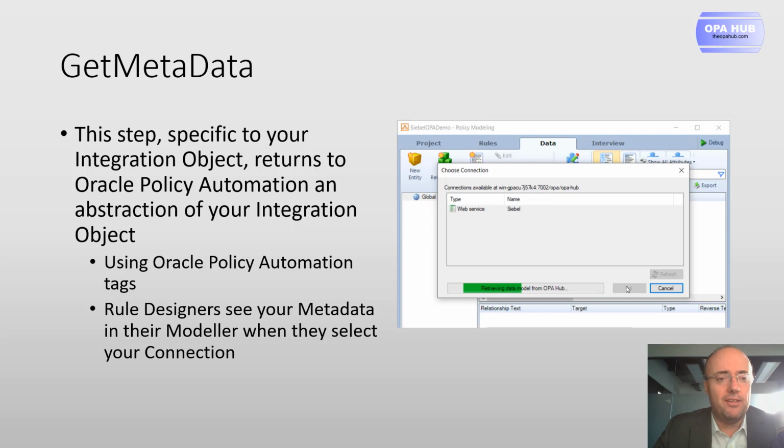So it's quite likely that as a designer, when I go and look at my connections, there might be 5 or 10 or 20 of them displayed here. So I need to be able to select this connection, and then see the metadata that's associated with it. And when I've chosen the right one, I then want to use that in my rules. I want to reference Siebel data in my rules.